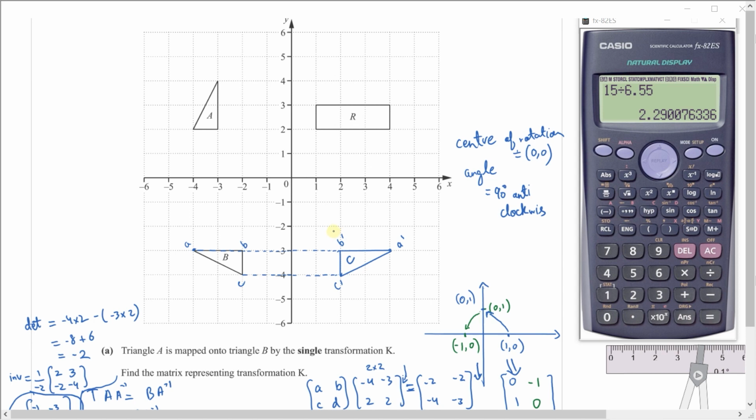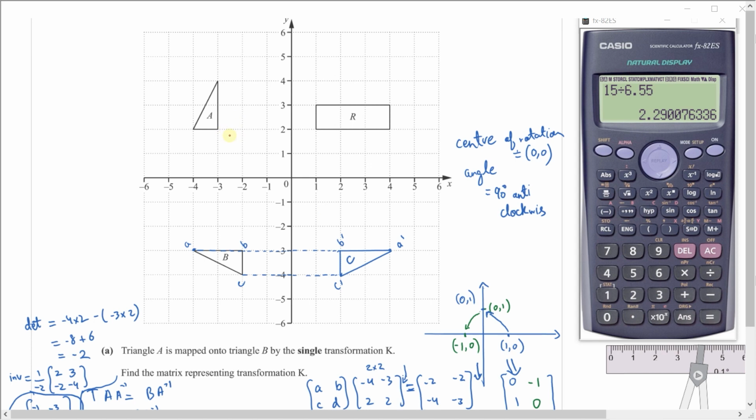Now to find the line of reflection, we will join again. So let me use red color here. I will join the object with the image. So this point here of this triangle is mapped onto this point.